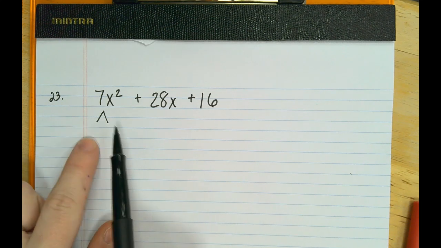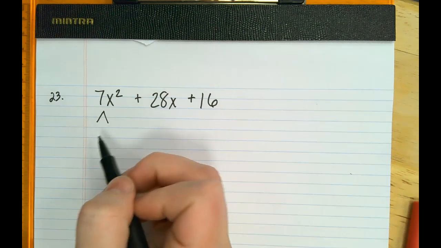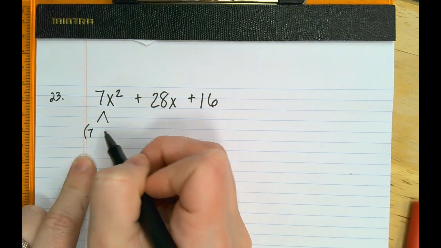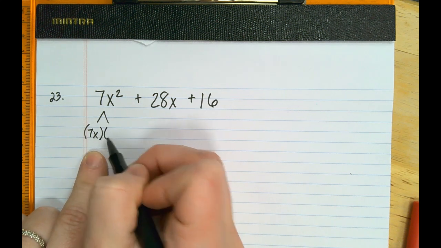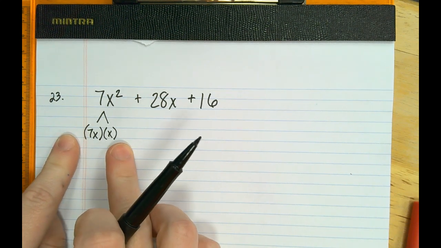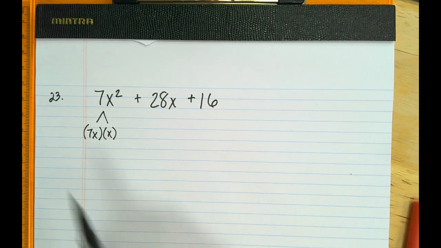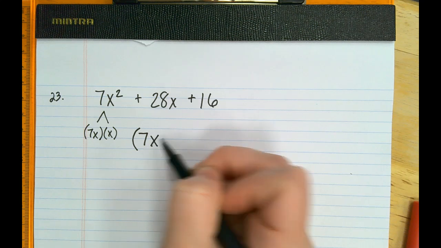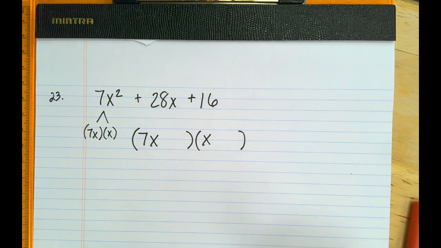What can I multiply together to get 7x squared? 1 times 7 is 7, so I can do 7x and x. This part you can do in your head if you want to. I'm writing it out just to explain where it's coming from. That means our answer needs to be 7x plus something and x plus something.